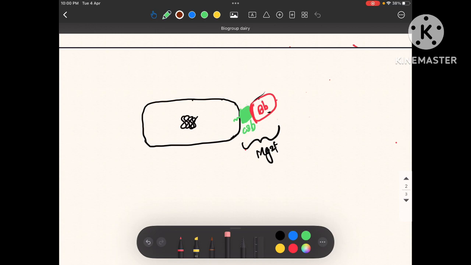Now the complex we can read as the C3b Bb complex. The C3bBb complex in the alternative pathway is known as C3 convertase.